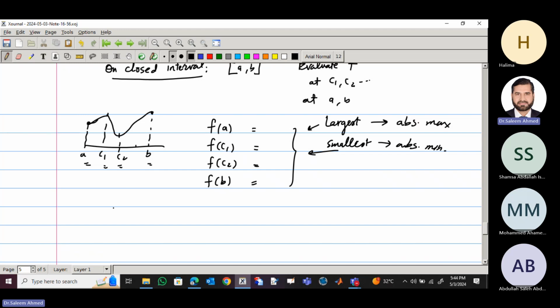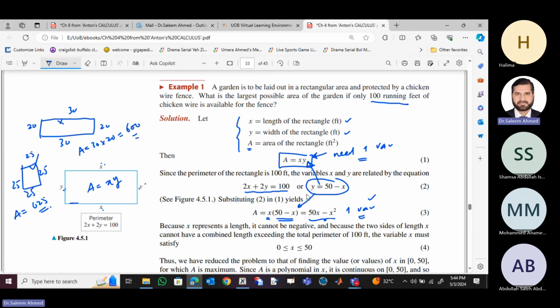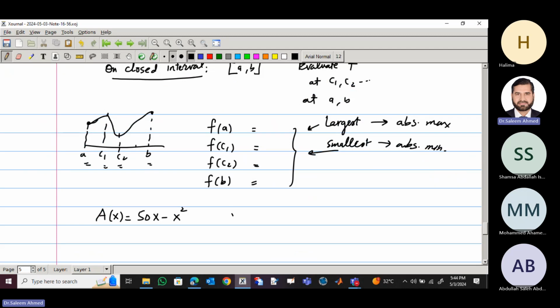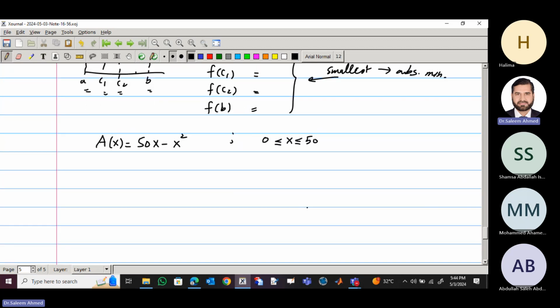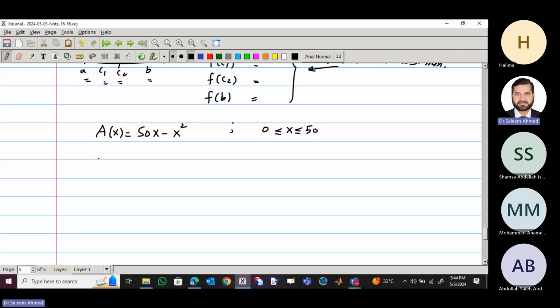So for example, in example one, my area problem became 50x minus x squared, right? And the interval was from 0 to 50, closed interval, 0 less than or equal to x less than or equal to 50. So see, it is a closed interval. So first of all, I will find the critical point.